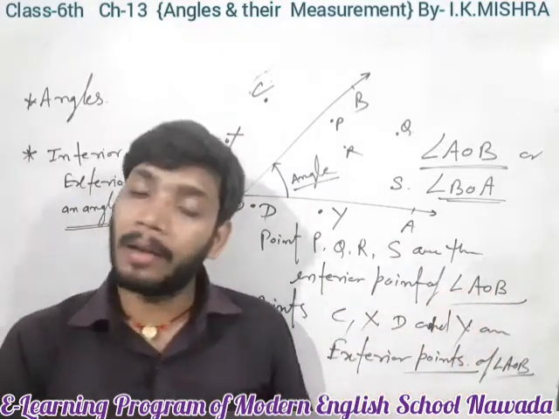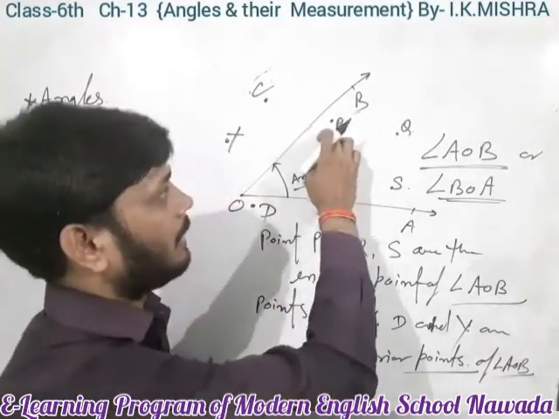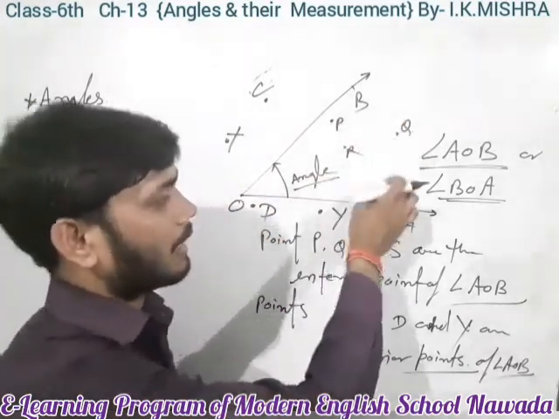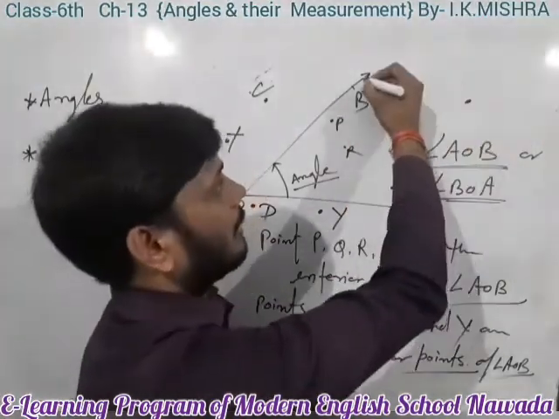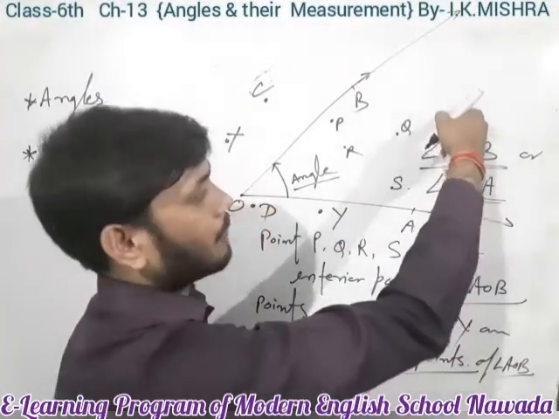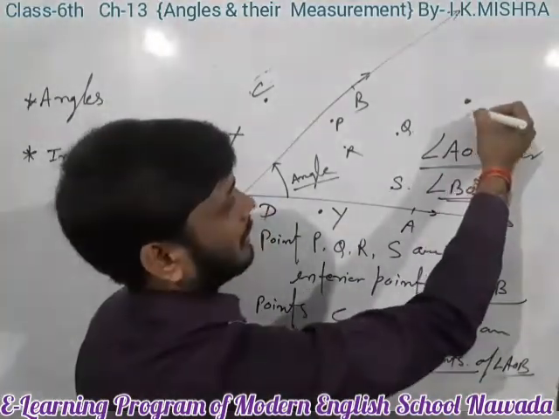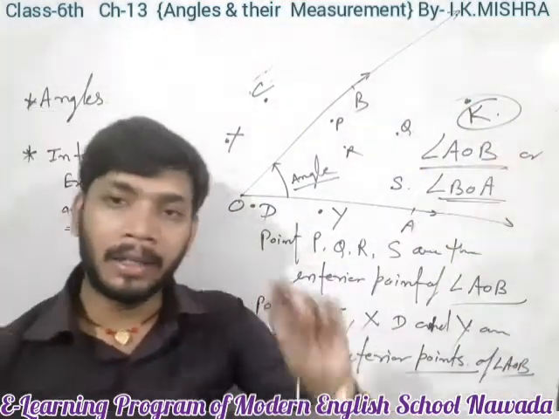And which points lie within the angle? That means in the angle. Here P, Q, R, S, all of these points. Any point, suppose this is produced, and this point, suppose its name is K, this point K is also interior.